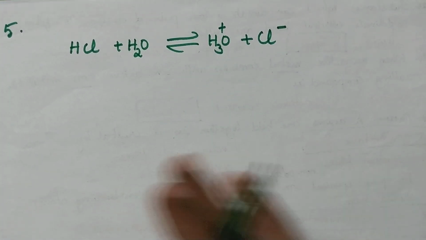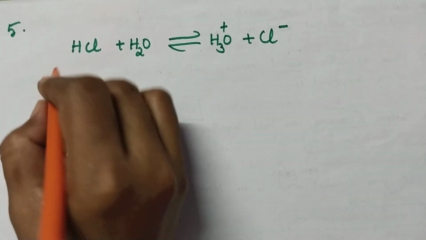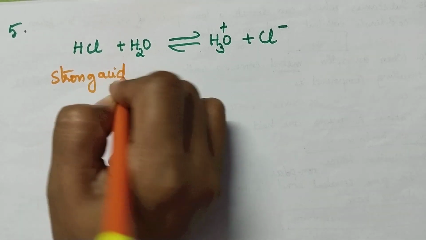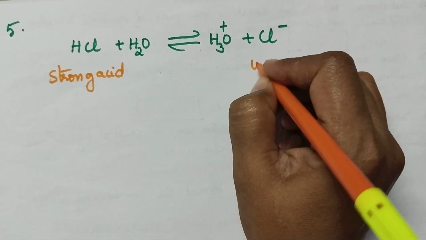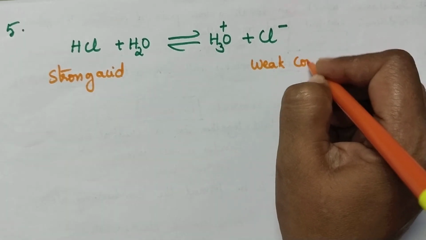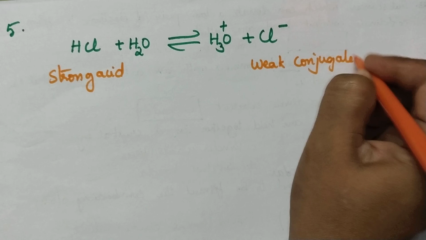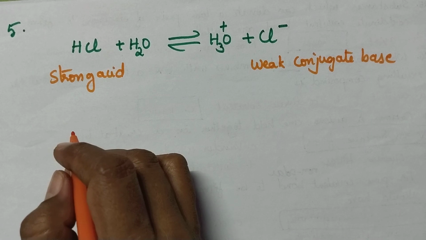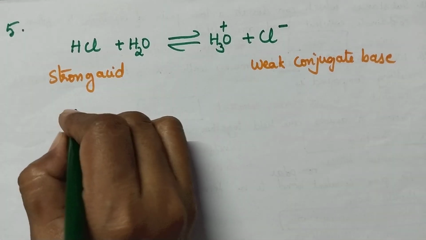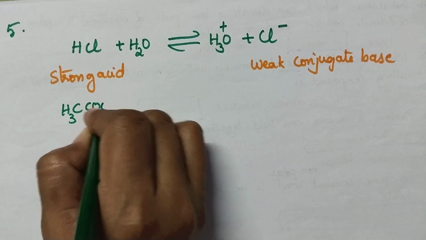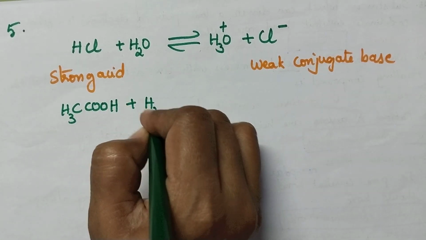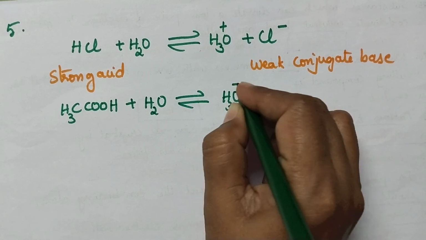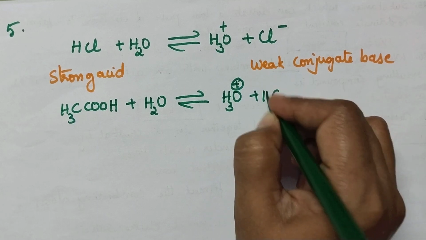So whenever we consider a strong acid, no doubt at all HCl is a strong acid, then it results in the formation of a weak conjugate base. In the similar way, if we consider a weak acid, then it results in the formation of a strong conjugate base.